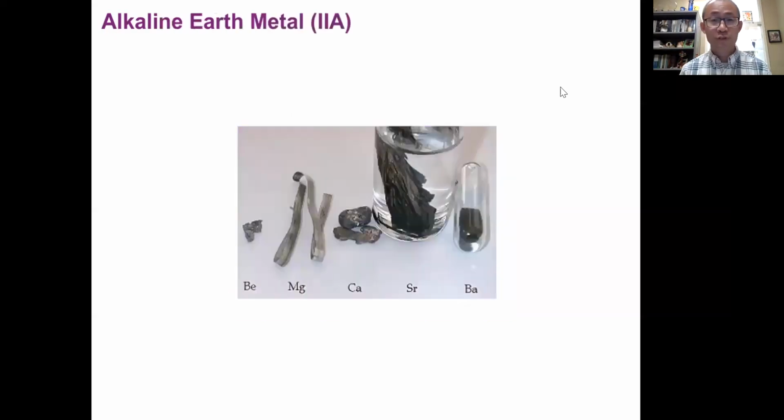The second group, 2A, are called alkaline earth metals, including beryllium, magnesium, calcium, strontium, and barium. These metals are also reactive, but not as reactive as group 1A. Among these, strontium and barium are so reactive they also need to be stored in oil or kept from contacting air.